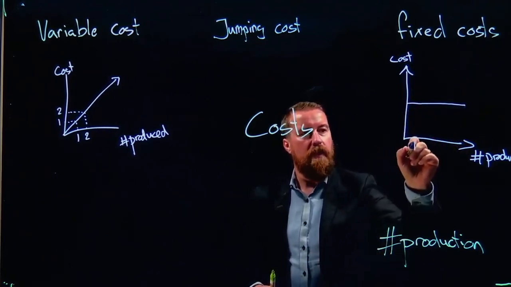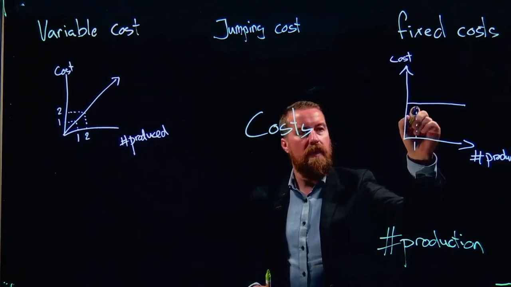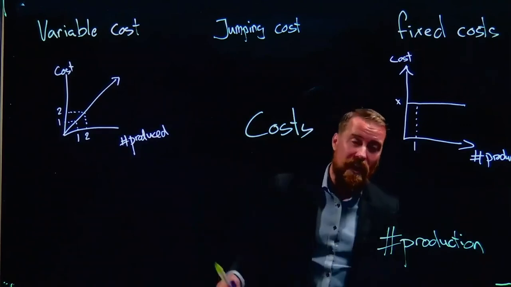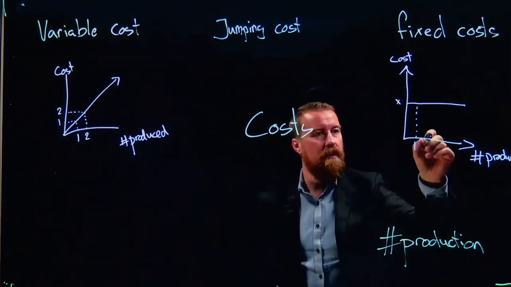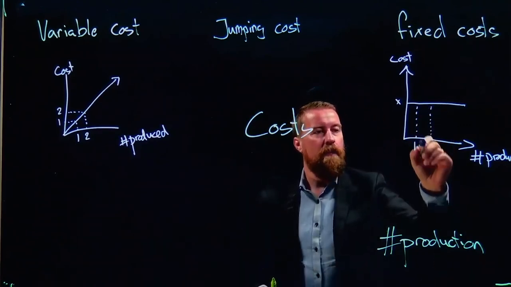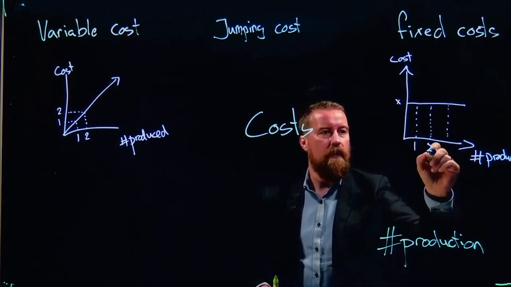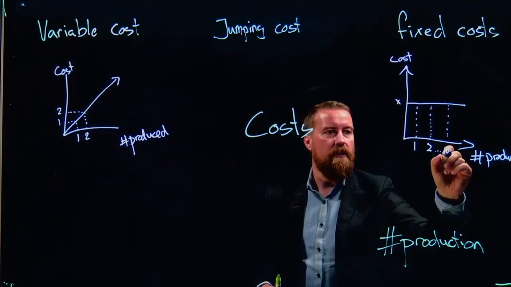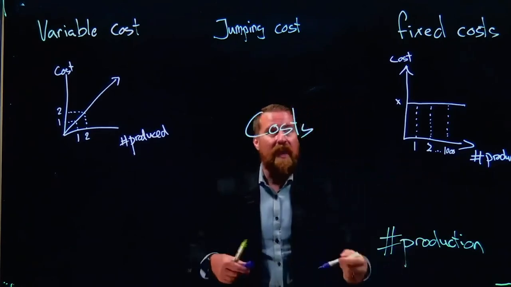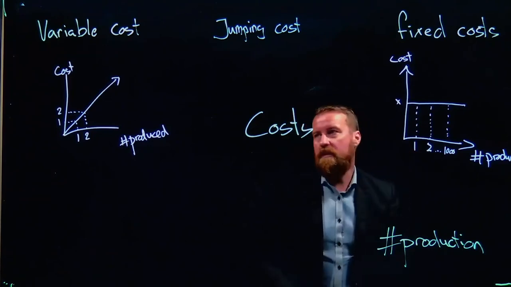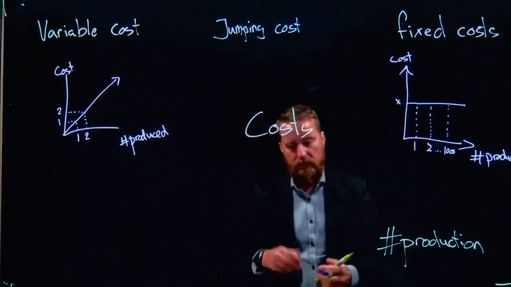So for 1 unit, it'll cost X dollar, X taka. But for 2 or for 1,000, it's still that same costs. That's why we're talking about fixed costs, and here is variable costs.